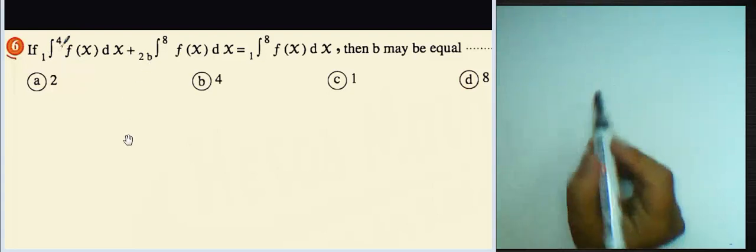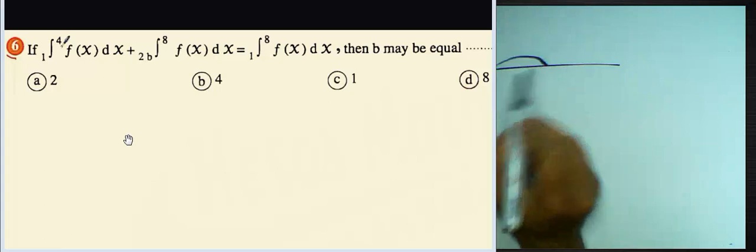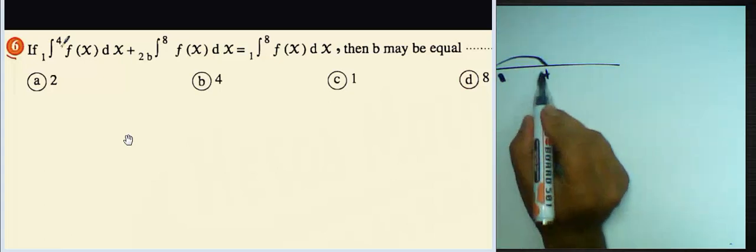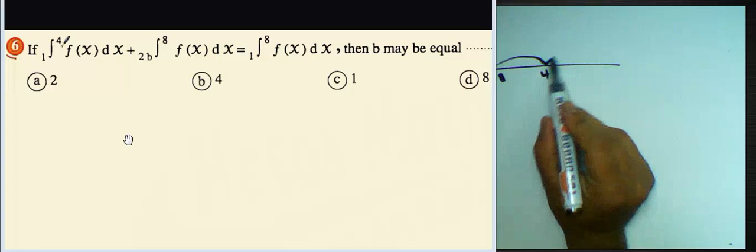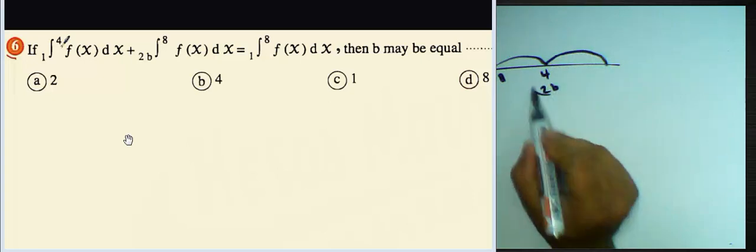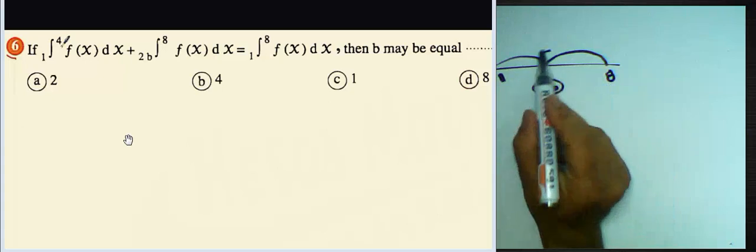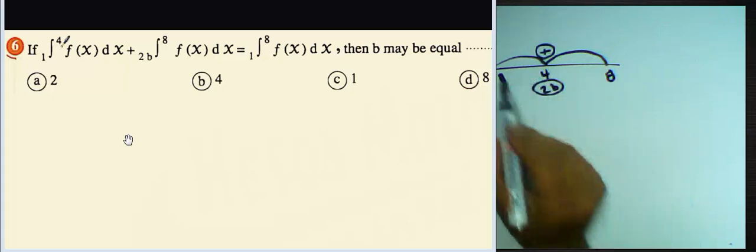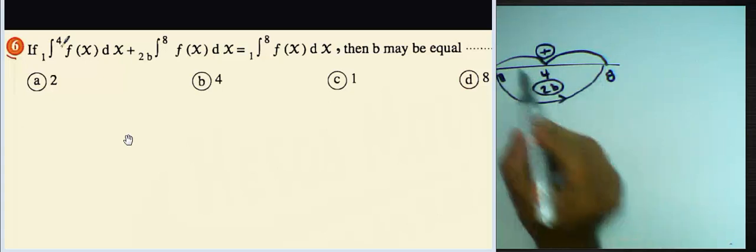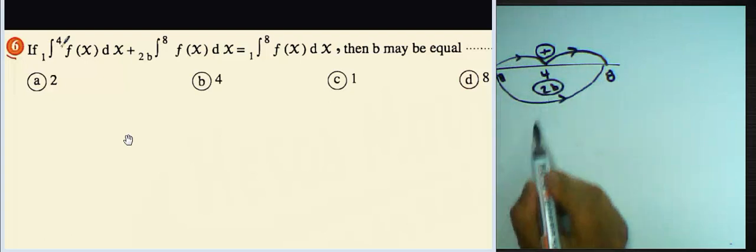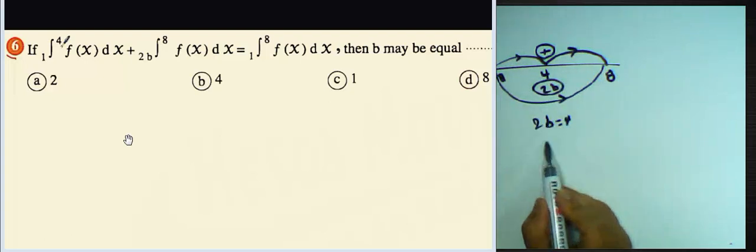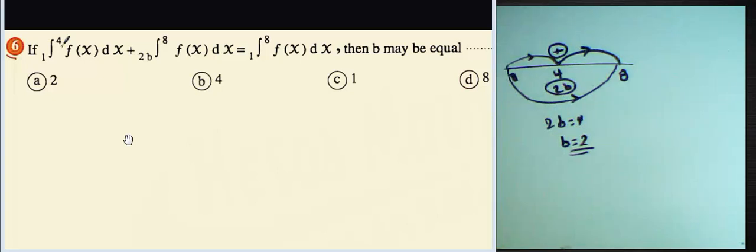Look here, he gives us this integration from 1 to 4 and from 2b to 8. He adds them. The result will be from 1 to 8. So 2b will be equal to 4, then b will equal 2. Understood? The result will be letter A.